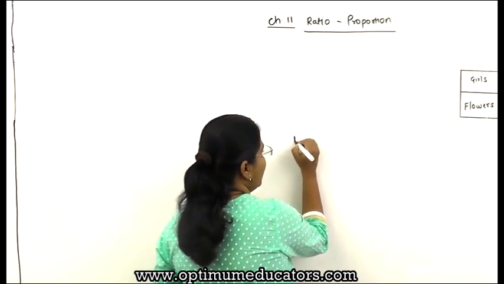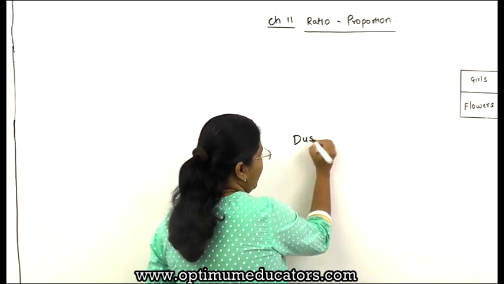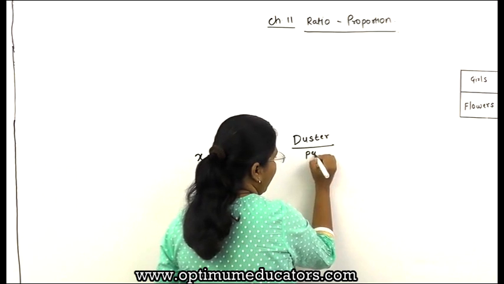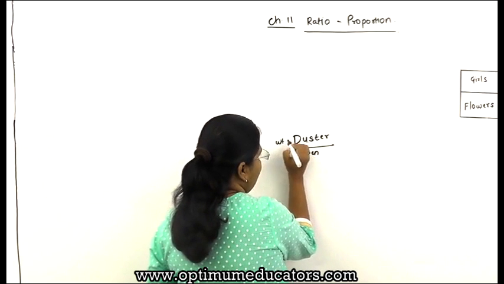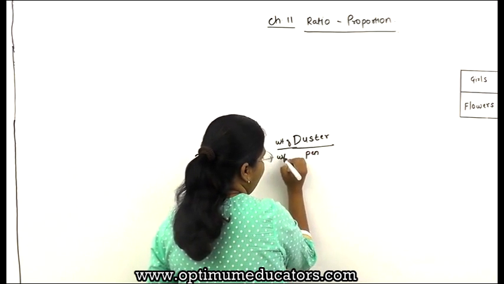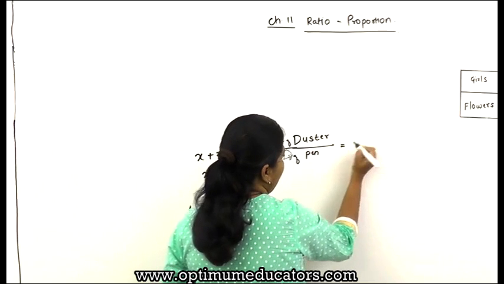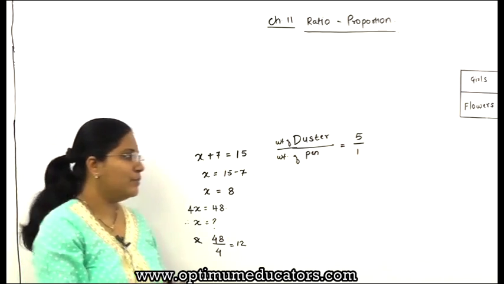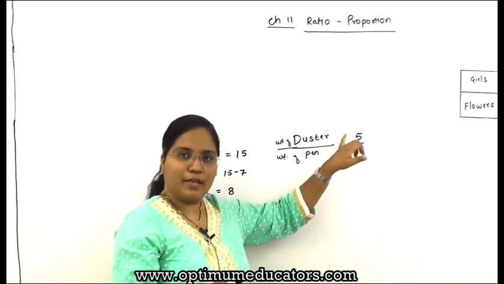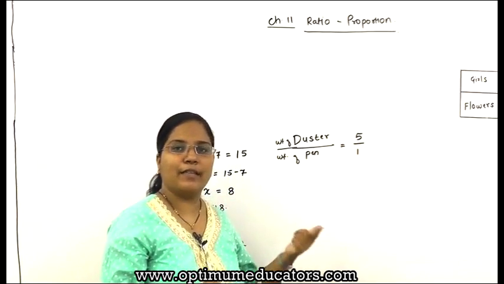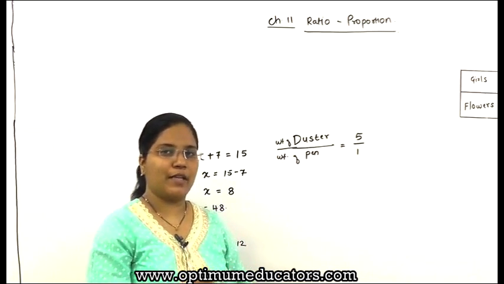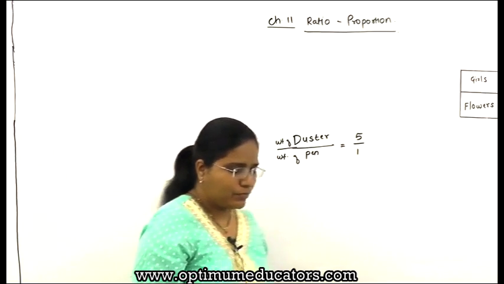So I will just say that the weight of duster upon weight of pen is 5:1. Okay, 5:1 means the duster is 5 times bigger than the pen. The weight of the duster is 5 times the weight of the pen.